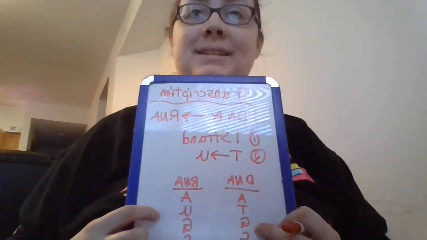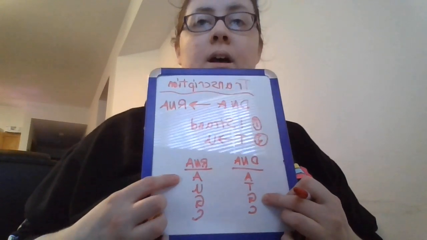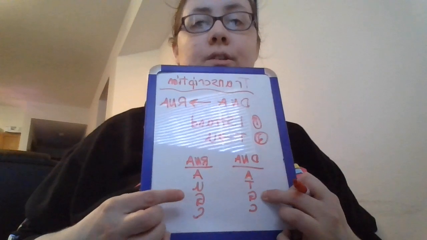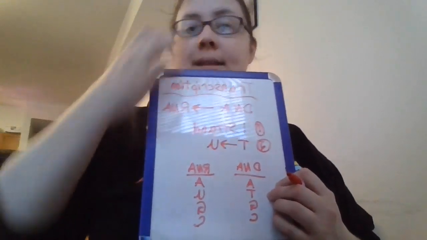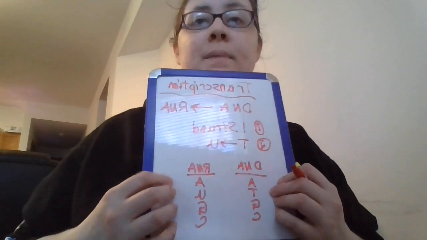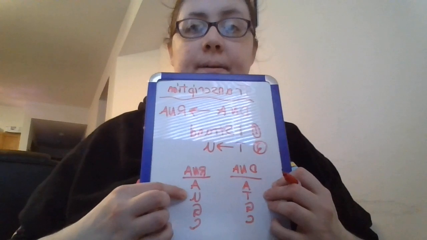So this is what our bases look like. DNA has the original ATGC. RNA is AUGC. So when you guys have a DNA strand and it says use this DNA strand to make a strand of RNA, you need to remember there are no T's, okay?